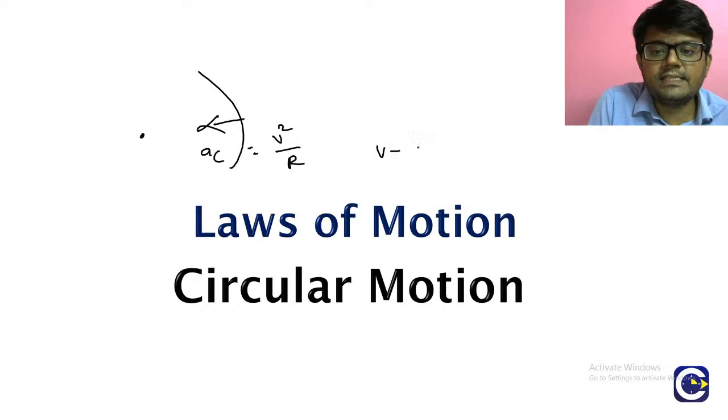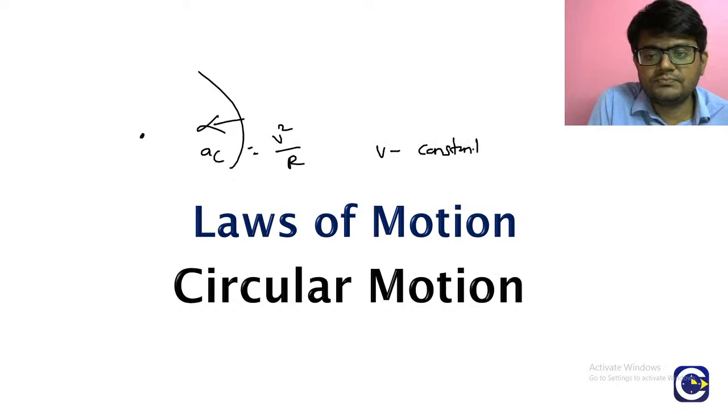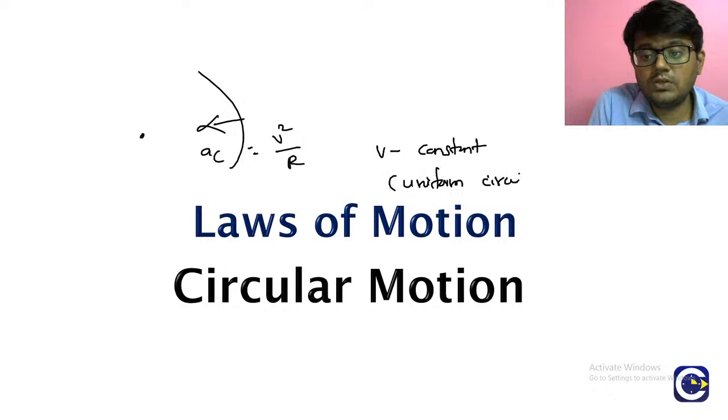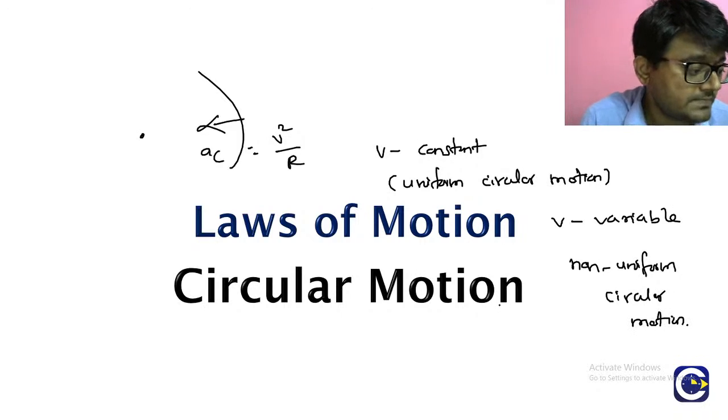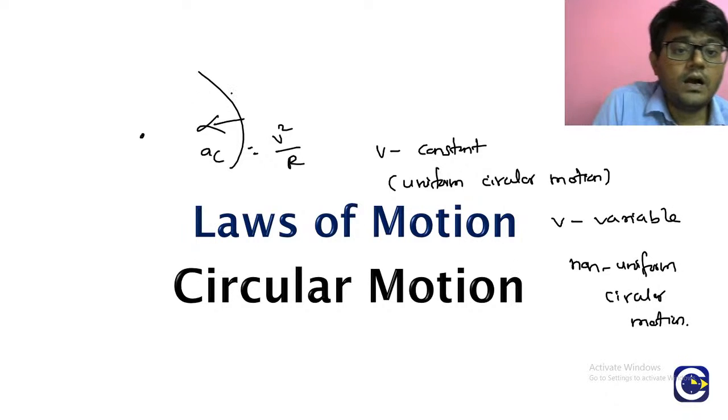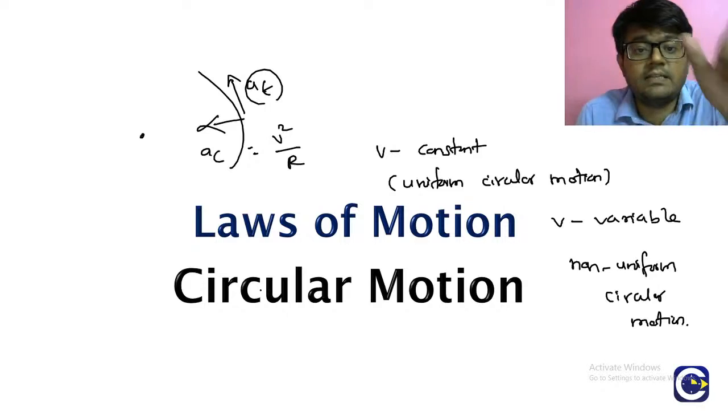If the speed is constant, then we call it uniform circular motion. If the speed is also variable, then we call it non-uniform circular motion. If the speed is not uniform, then along with the centripetal acceleration, we will also have a tangential acceleration.